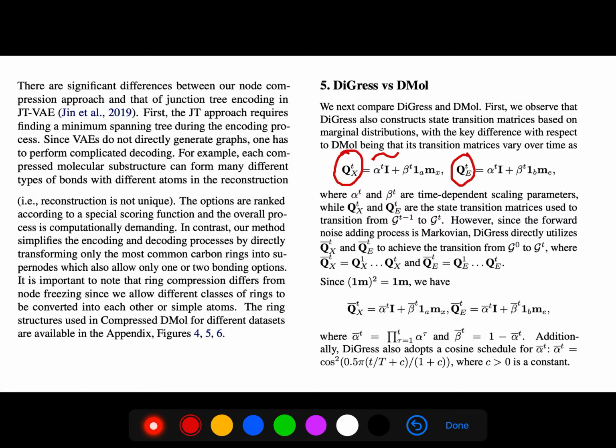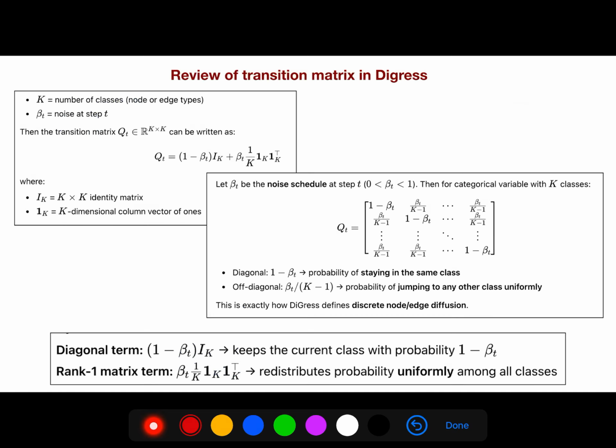So let's review what it means when we write this. K, first of all, is the number of classes. Beta is the noise at step t. If beta t is 0, it means that it is only the identity.